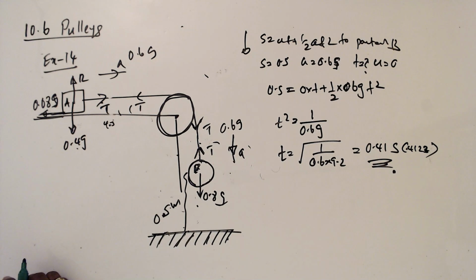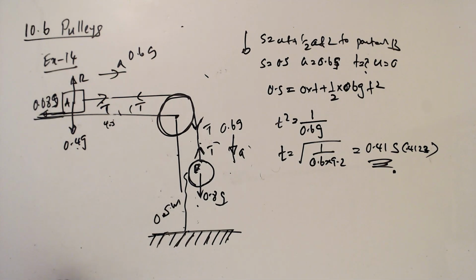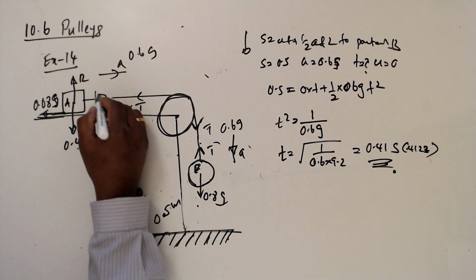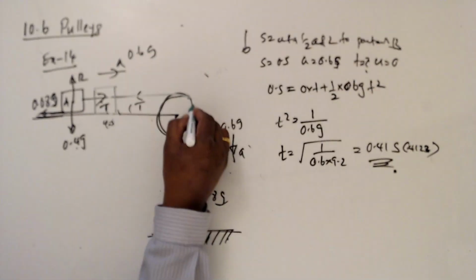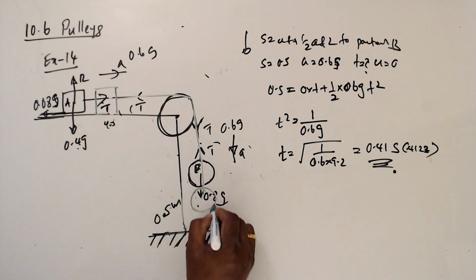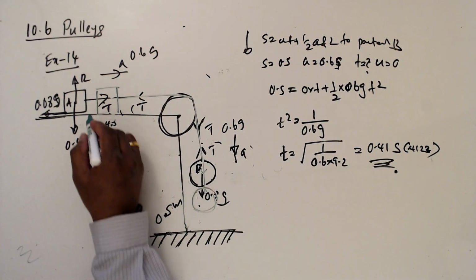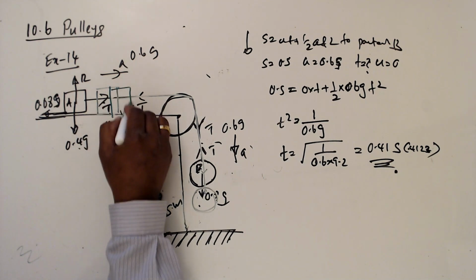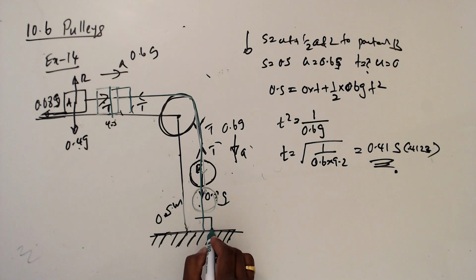Next question is the total distance traveled by A before it first comes to rest. After a few seconds, the particle will stay here. After another few seconds, this particle will come and hit.